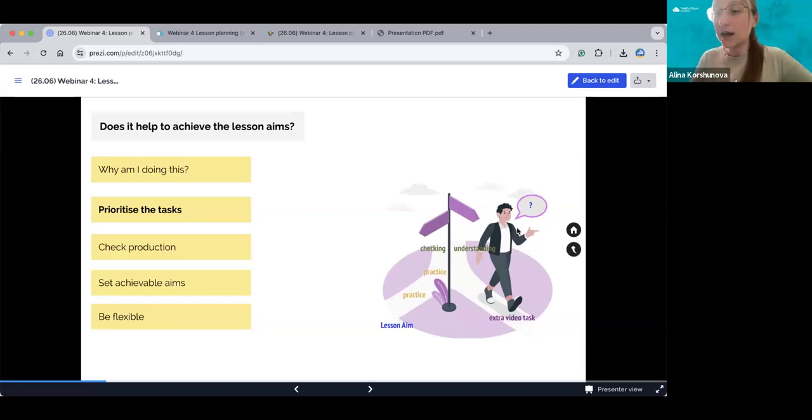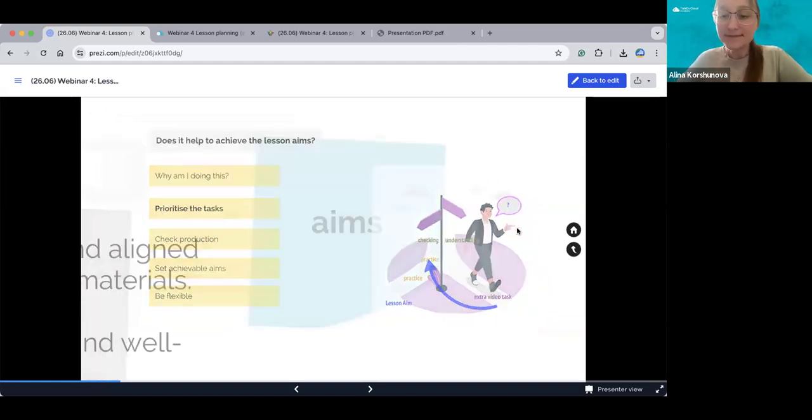So probably I will need to teach some modal verbs, maybe some places, maybe some other language, some other lexis. So make sure that everything that you do before production gives students enough input in order to be able to complete that production task. And of course, be flexible.